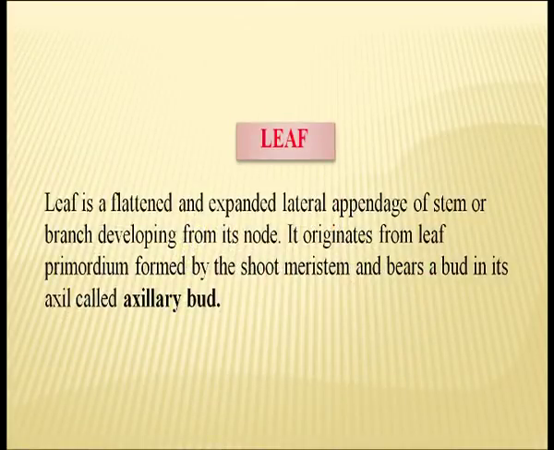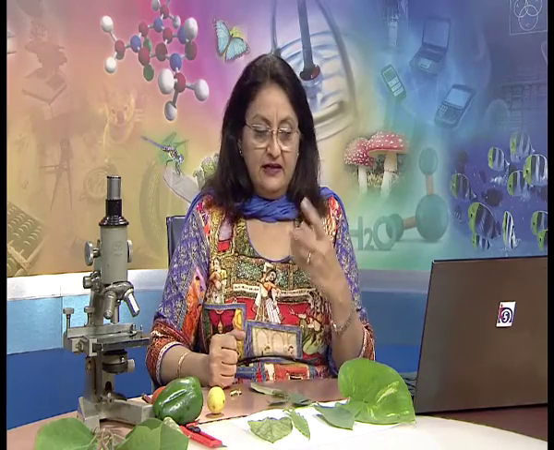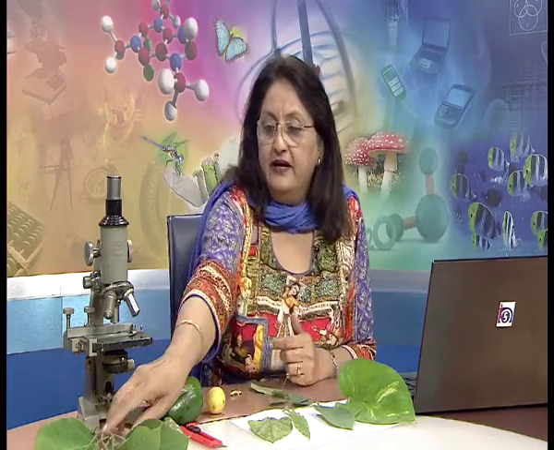It originates from the leaf primordium formed by the shoot meristem. If you remember, the shoot has cells on the apex which have meristematic ability. Meristematic ability means they are capable of division, and they bear a bud in the axil called the axillary bud. From here the leaf develops, all right.